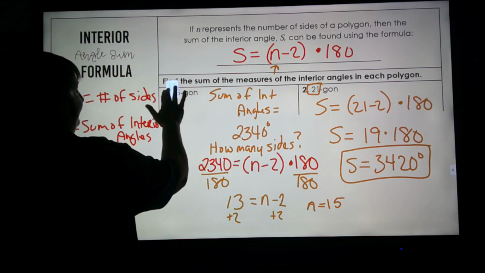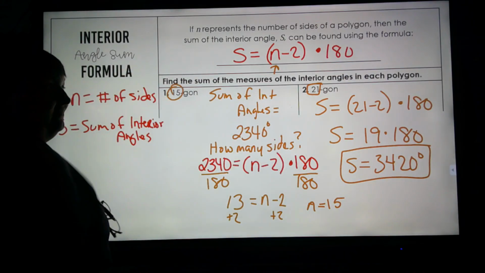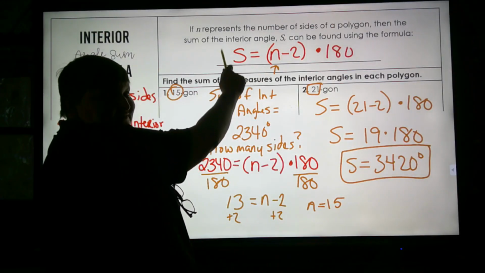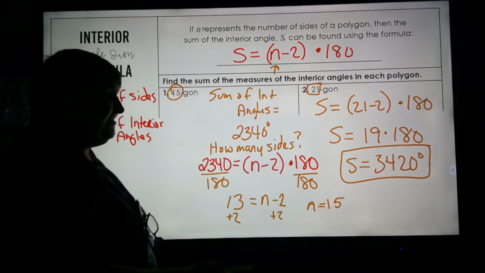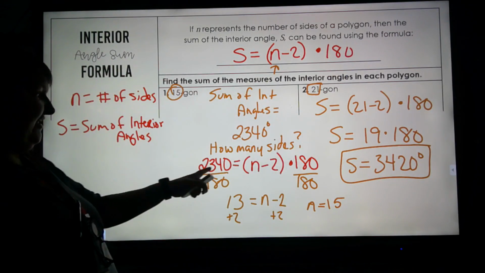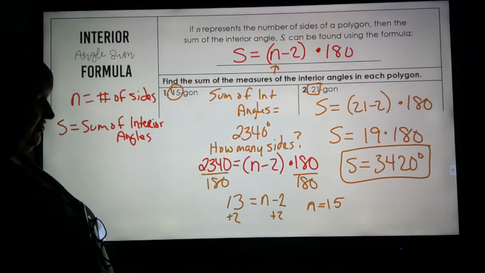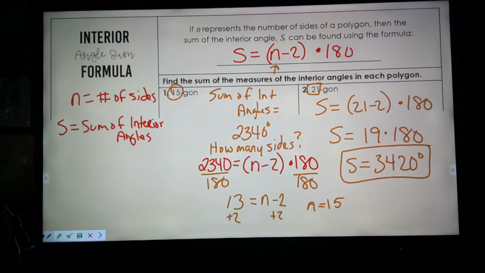So whether they give you the number of sides and ask for the sum, or if they give you the sum and ask for the number of sides, you can go both ways. You just have to rethink how you do the equation. You're going backwards. So how would I write that as an equation?